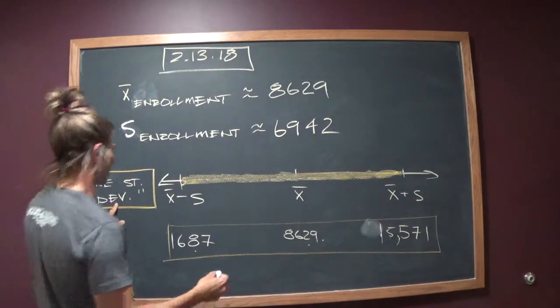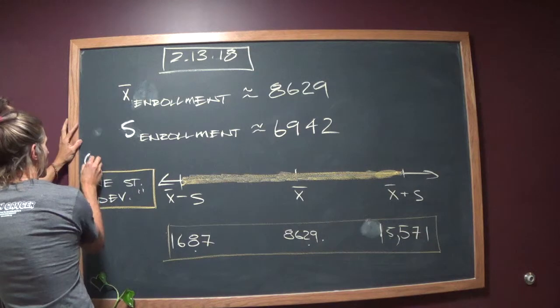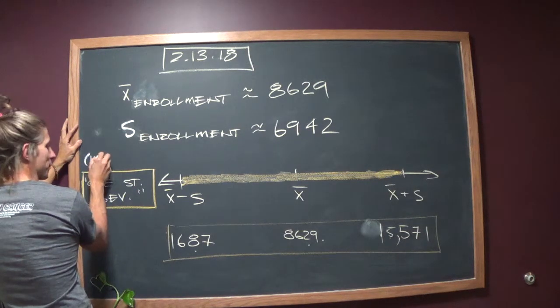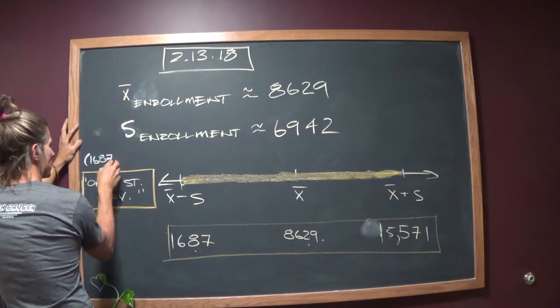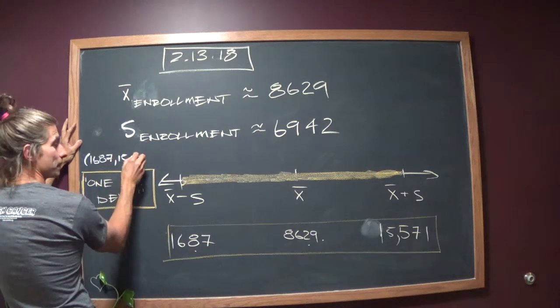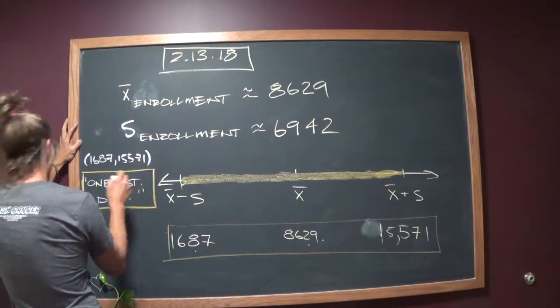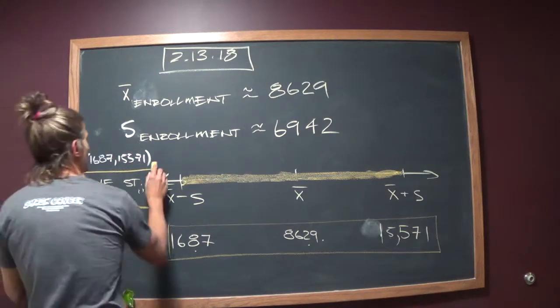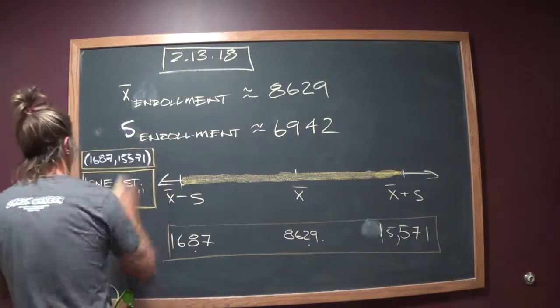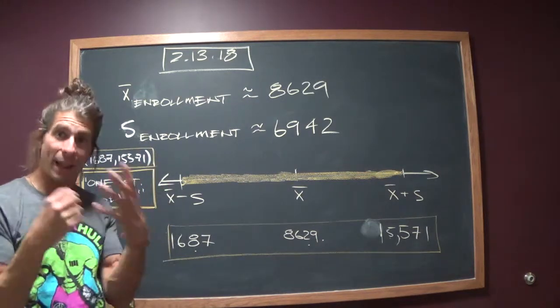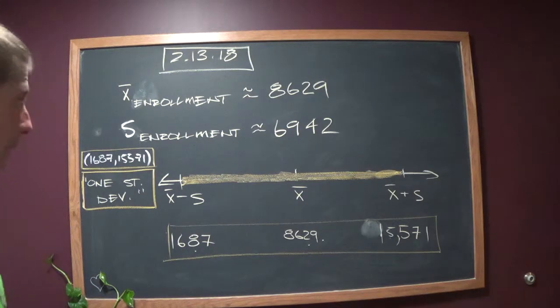So within one standard deviation are any enrollments from 1,687 students up to 15,571 students. That would be one standard deviation from the mean. That's what that region is equal to. Cool so far? All right, great.